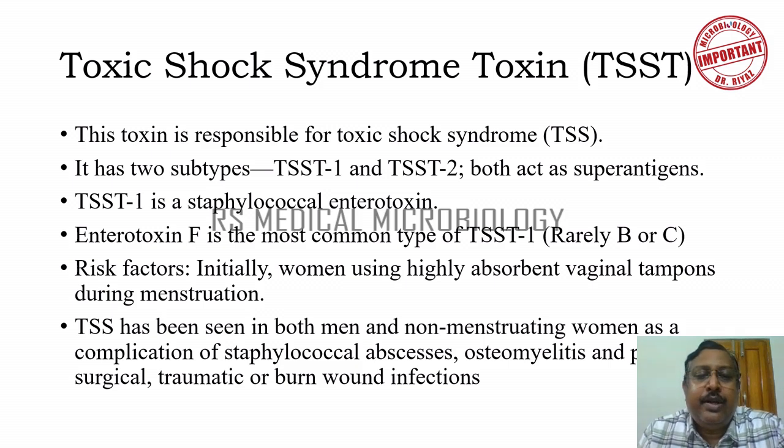Initially, it was thought that this particular toxin is mainly seen in women who forget to remove the vaginal tampons during menstruation. But now it is known that TSS can arise from other conditions like staphylococcal abscess, osteomyelitis, after surgery, or any kind of burn or traumatic infections.